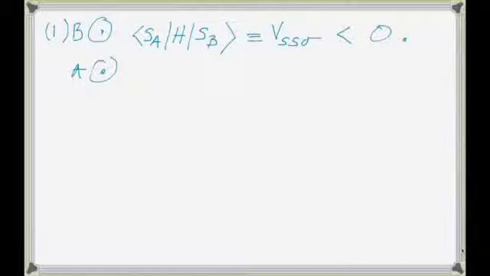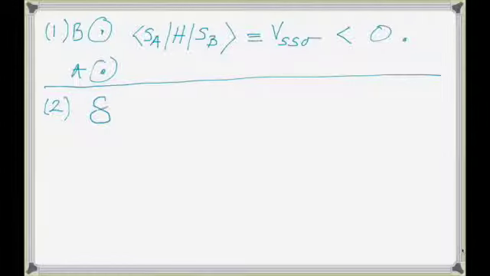So that's the first one. 2 will be a matrix element between s and p, and again, just like we talked about last time, the sign of this is going to depend on how you position it. So if my A atom is here and my B atom is here, this is all positive.